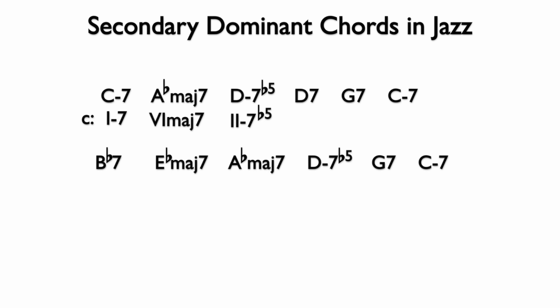D7 is a 5-7 in the key of G. Therefore, with G7 being the 5-7 in the key of C minor, D7 is 5-7 of 5. We use an arrow to show the resolution of the 5-7 of 5 to the next chord, 5-7. Next we have 1 minor 7, and we show the resolution of the 5-7 to 1 with an arrow.